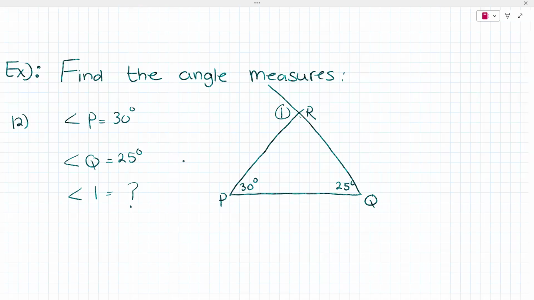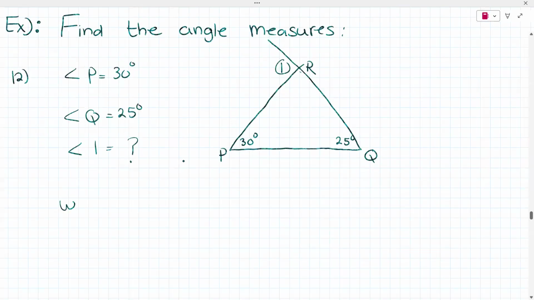Angle 1 is related to the exterior angle theorem. There are two ways you can find angle 1. You can add up angle P plus angle Q and set that equal to angle 1, because of the theorem we just talked about, the exterior angle theorem.